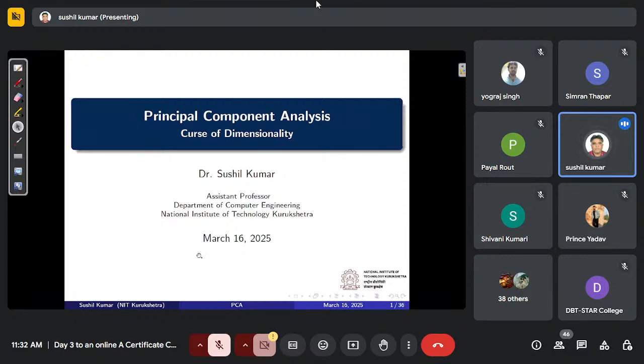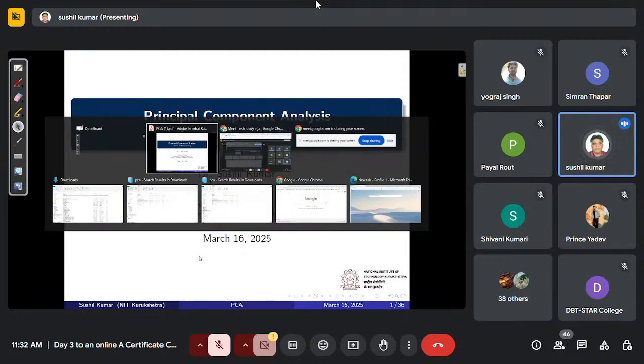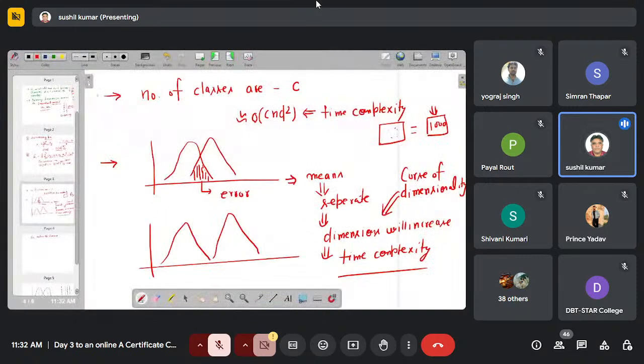So what exactly are we discussing here? Increasing the dimension will increase the time complexity.